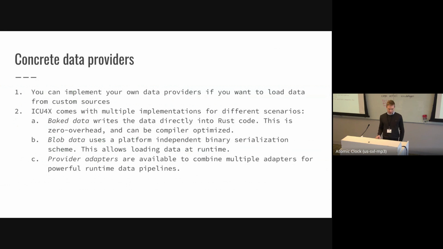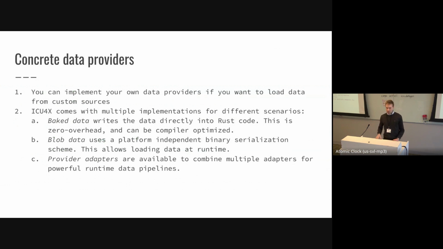The first thing is baked data, or what we call baked data. This datagen tool basically generates the data, and the data is Rust code. So it basically hard codes data into this load implementation. It'll say something like, if language is German, return this object.